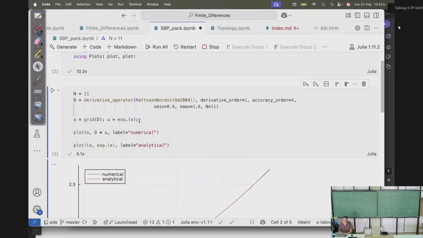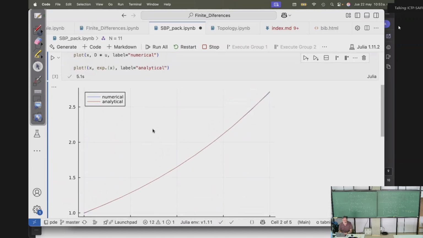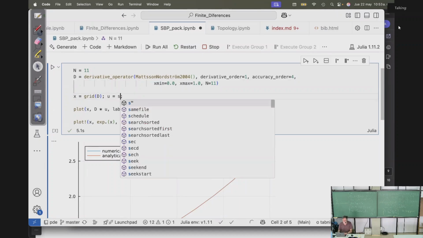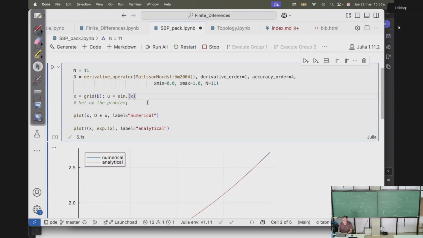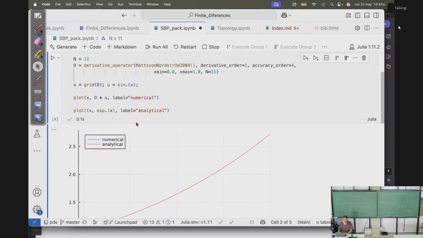Now I want to take the sine function, and we just plot u.